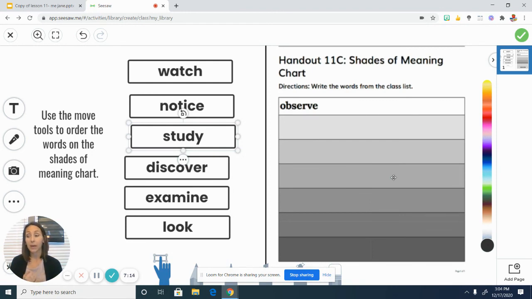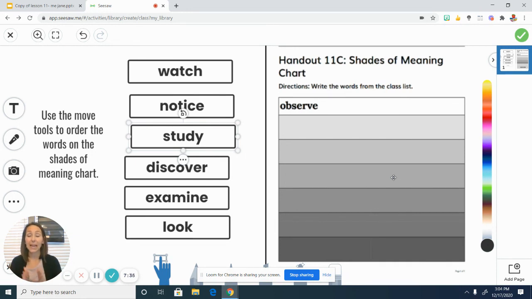If I say someone was observing something, or if I said someone was looking at something, those 2 words bring up very different pictures in my mind, and I would imagine that they bring up different pictures in your mind, the difference between observe and look.